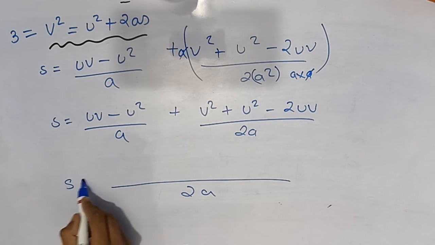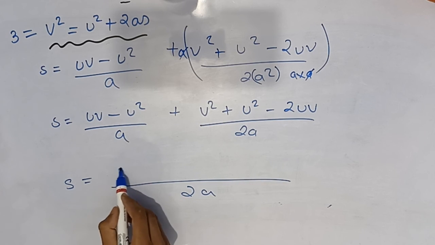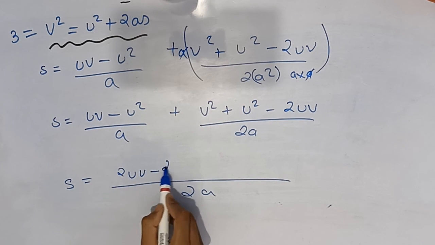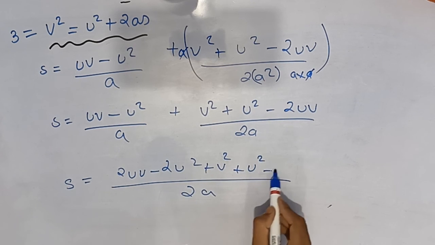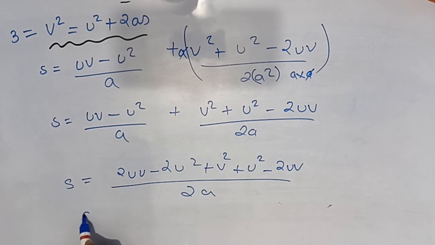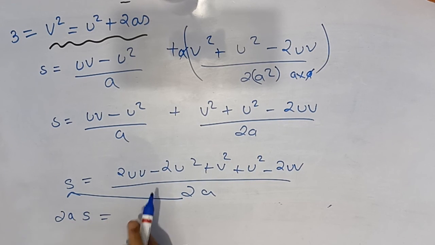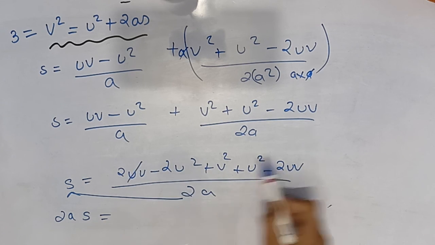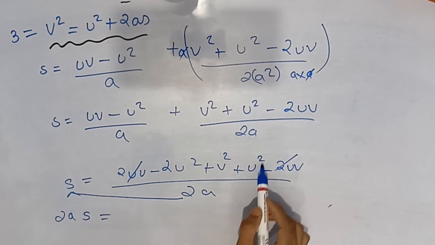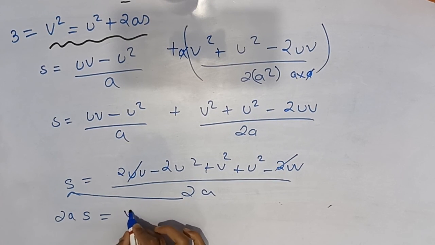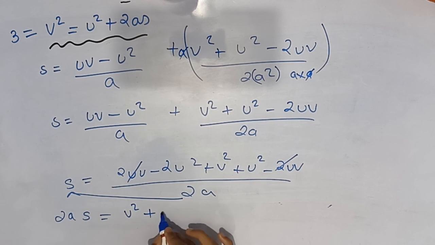We will write s = (2uv - 2u² + v² + u² - 2uv)/2a. So 2as equals this, the 2uv and 2uv cancel, and the u² terms combine, so we remain with v² - u².